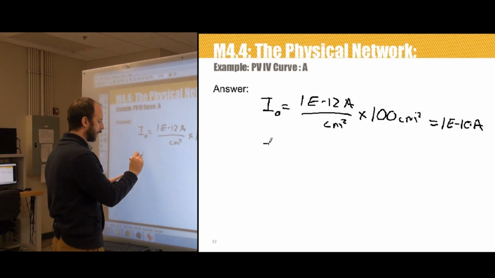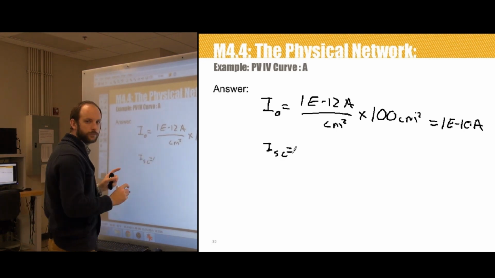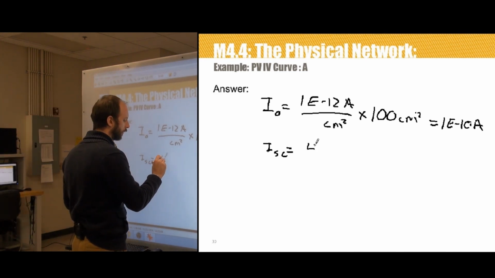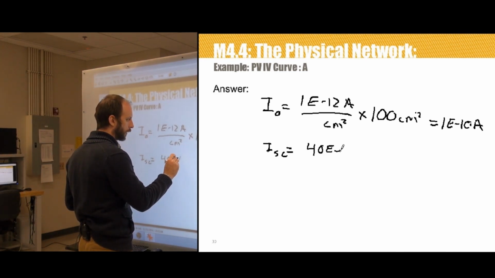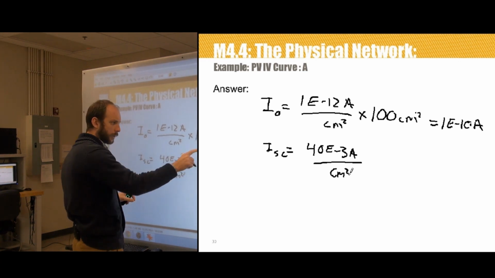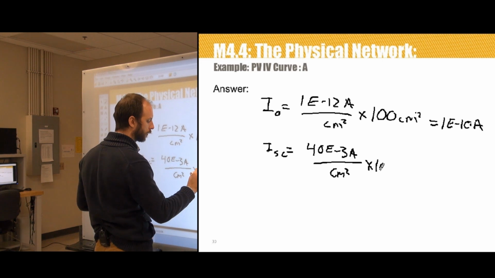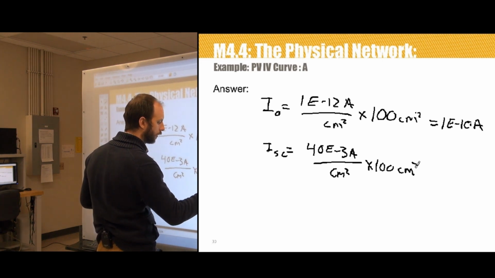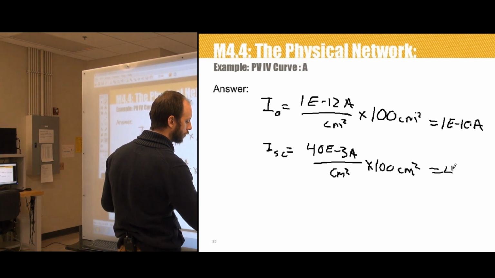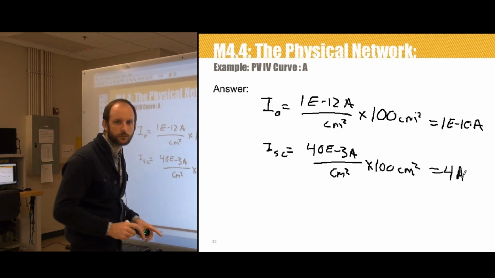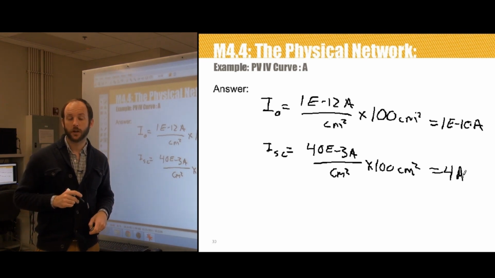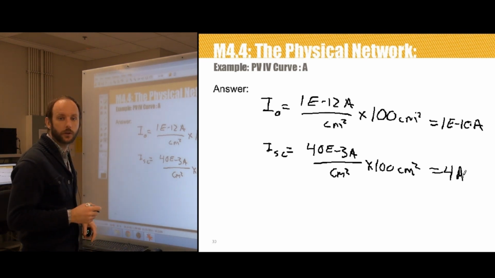The short circuit current, ISC, we were told was 40 times 10 to the minus 3 amps per centimeter squared, the current density. Again, we need to multiply that by junction area to get the total current, and that gives us 4 amps of short circuit current. And then it asked what is the open circuit voltage at full sun and at 50% sun, and then to plot those results.